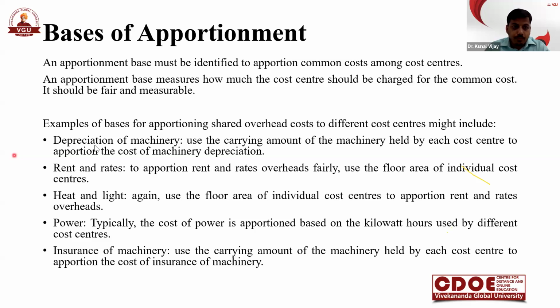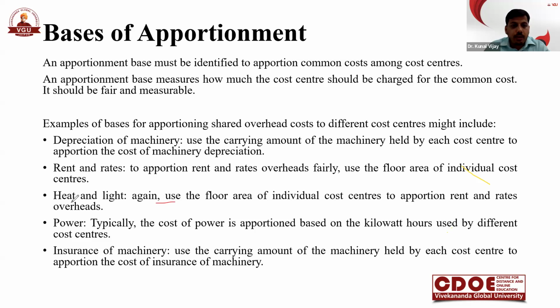Next, so next one is heat and light. So heat and light again use the floor area of individual cost center. Okay, so these are the different bases which need to be checked.